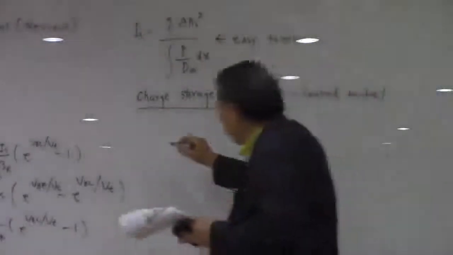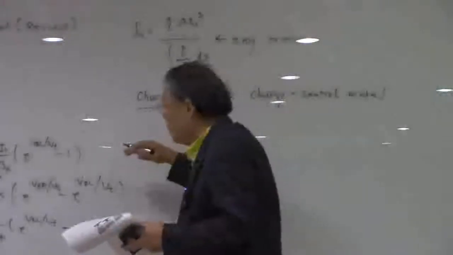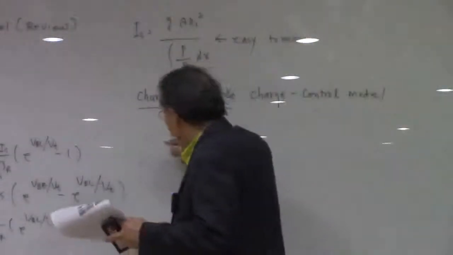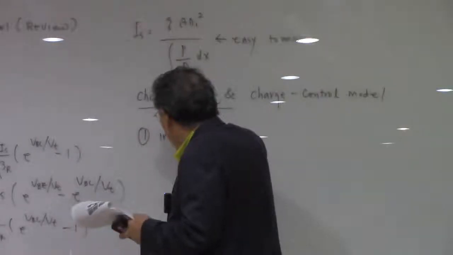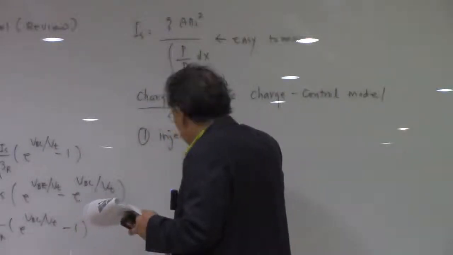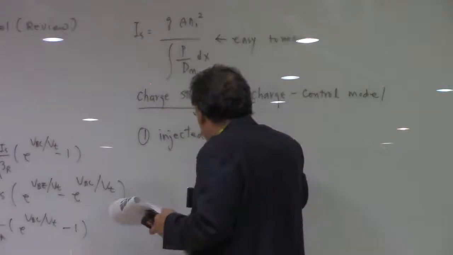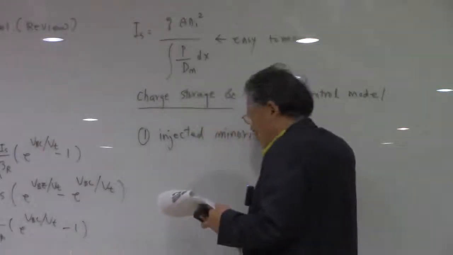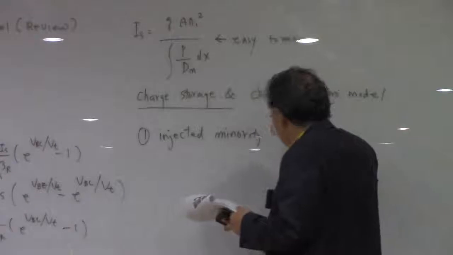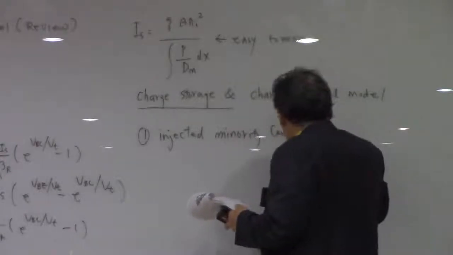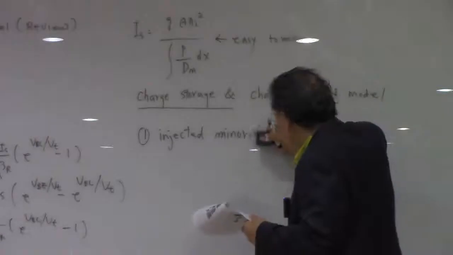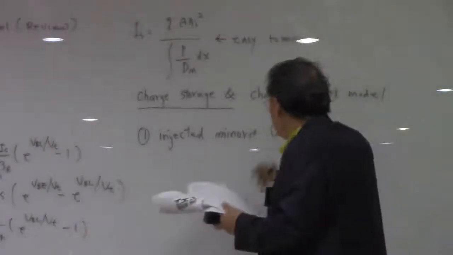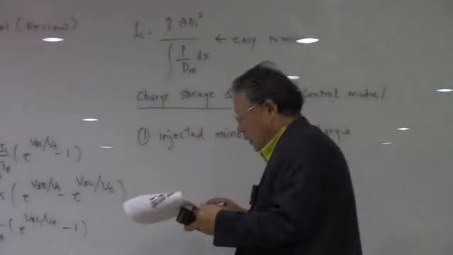There are two kinds of charges possible in the bipolar transistors. One is injected minority carrier charge. Minority carrier charge.